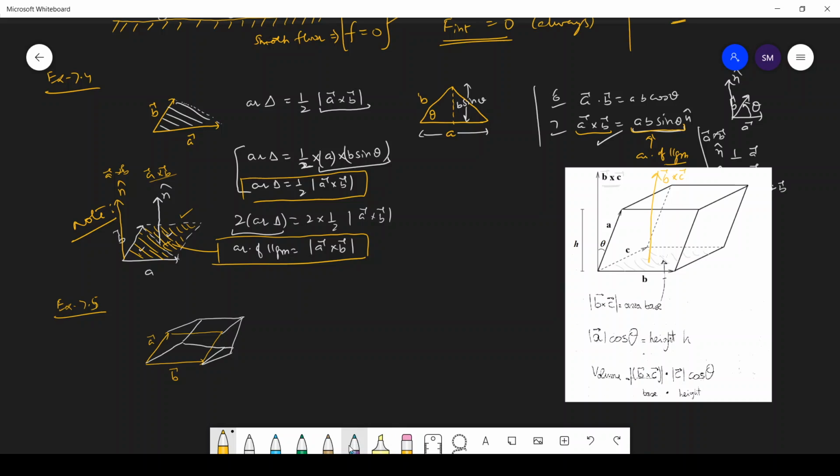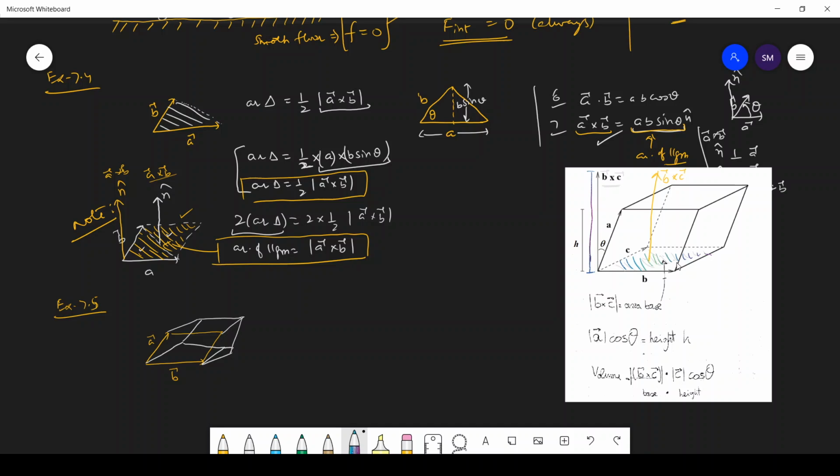And students, a very important point here: this magnitude is the same as this magnitude, because you are drawing the B cross C vector over here.